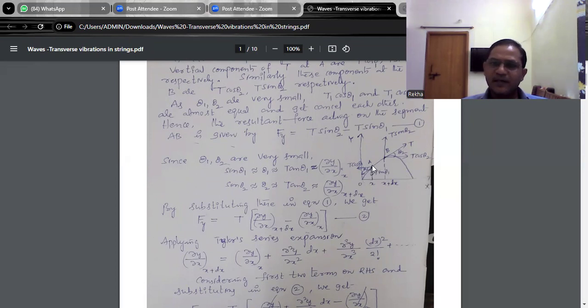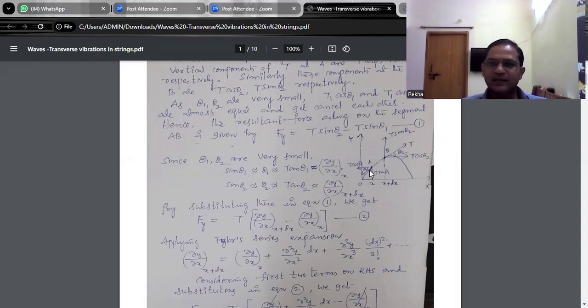At the point A, the tension is along this direction. Resolving into two components, T cos theta 1 is the horizontal component and T sin theta 1 is the vertical component. Similarly, at the end B, T is the tension acting in the string, making angle theta 2 with the x-axis. Resolving into two components, T cos theta 2 is the horizontal component and T sin theta 2 is the vertical component.